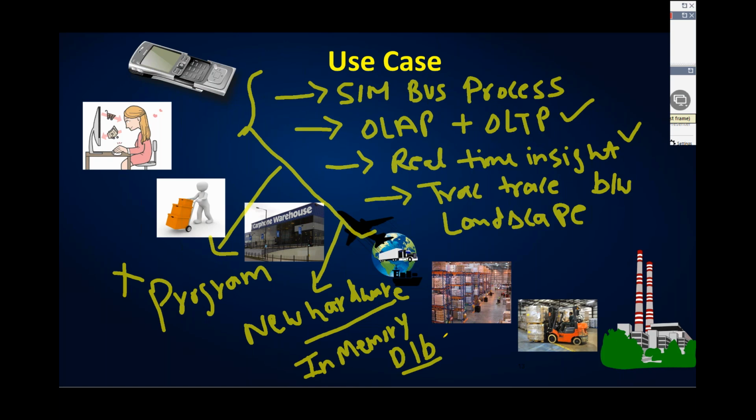That's why they came together, building a new database using in-memory technology. They built their HANA database. Our current machines, our current hardware and existing databases cannot support online analytical processes together with online transaction processes. That's why we need new hardware, and that's why we need a new HANA system.